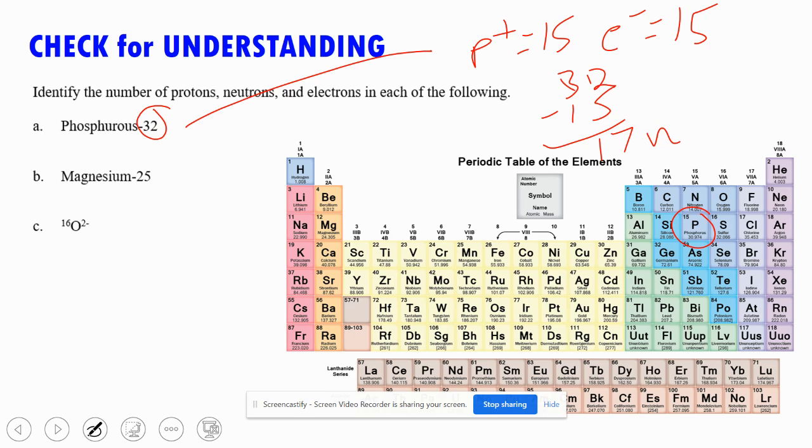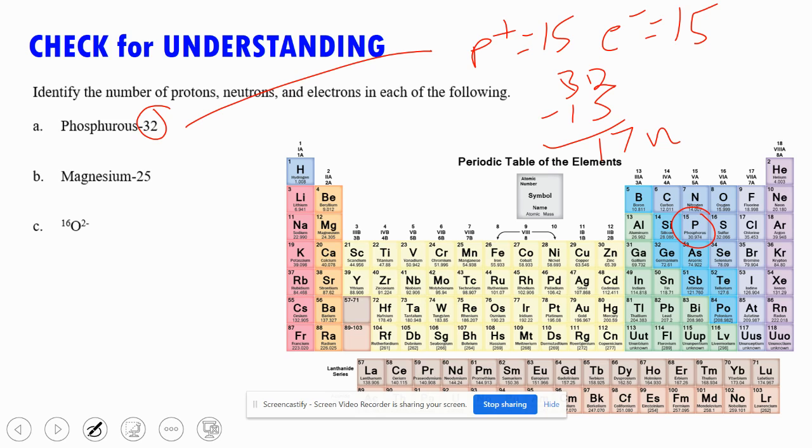As a review, phosphorus would have 15 protons, 15 electrons, and 17 neutrons. Let's go on to magnesium. Maybe try and pause this and see if you can do magnesium on your own and then see if you come up with the same answer.